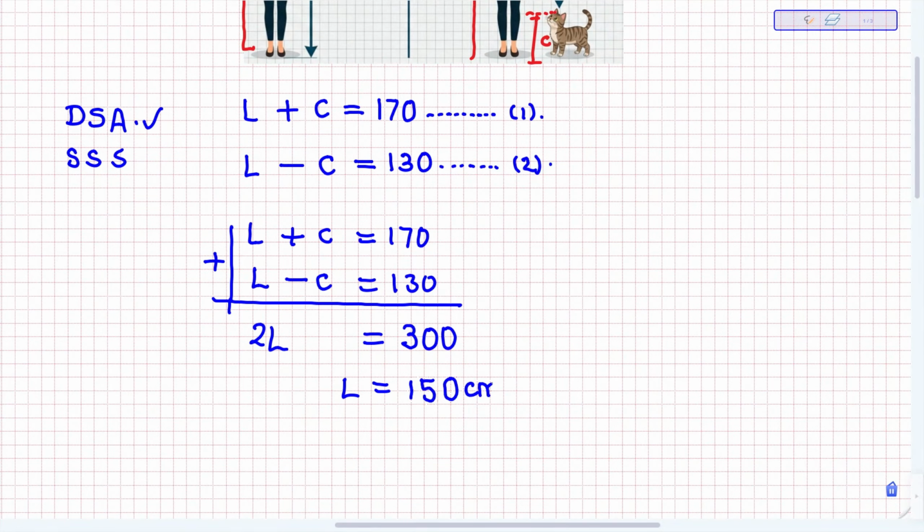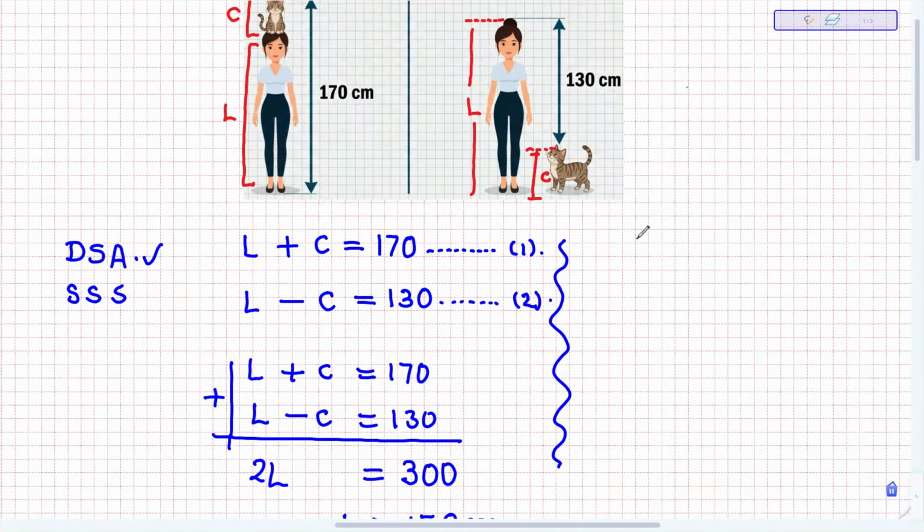So for us to get the height of this cute cat, what we can do is to use any of the two equations we have just modeled from these two scenarios. So feel free to take either equation number 1 or equation number 2. For me, I'm going to substitute the value of L, that is 150, in our equation number 1.